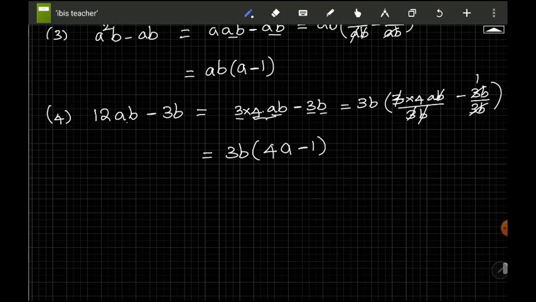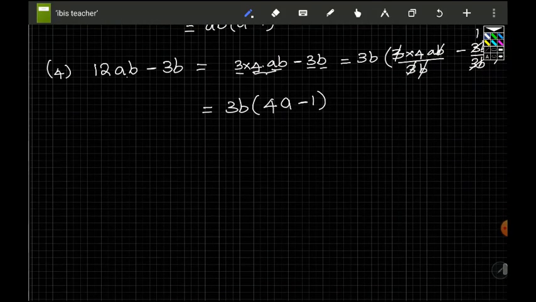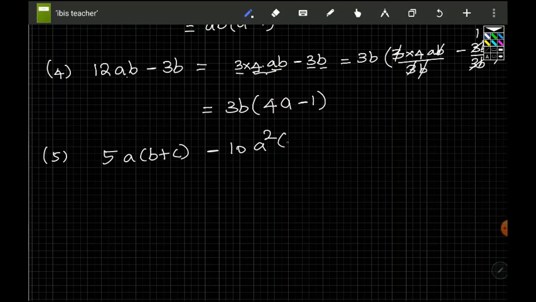One more example. Here I'll give a slightly different example. Suppose we have a polynomial like 5A into B plus C minus 10A square into B plus C. In this kind of example, this B plus C should be taken as a single thing because according to the BODMAS rule, you will have to do that first, right?